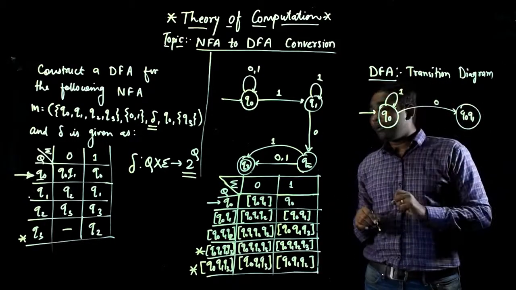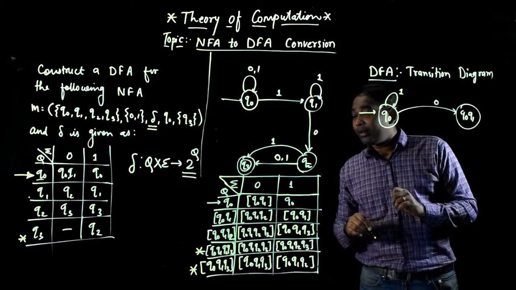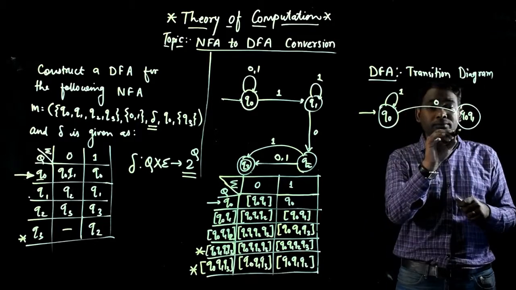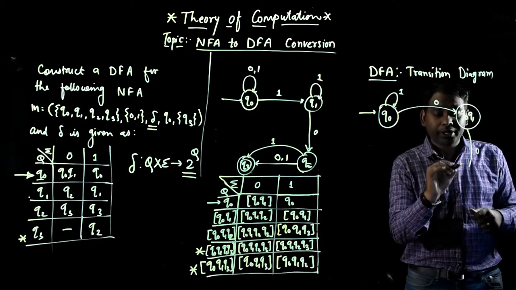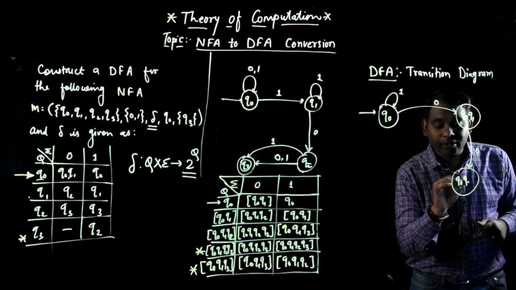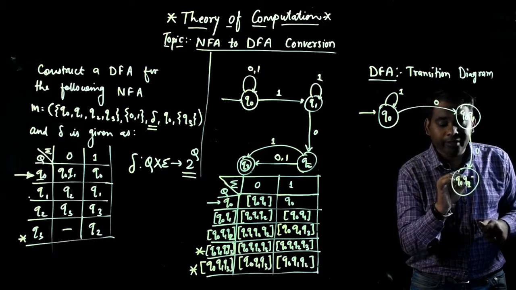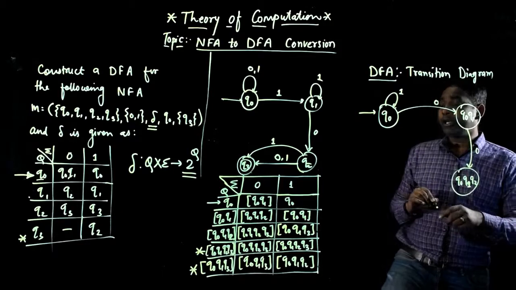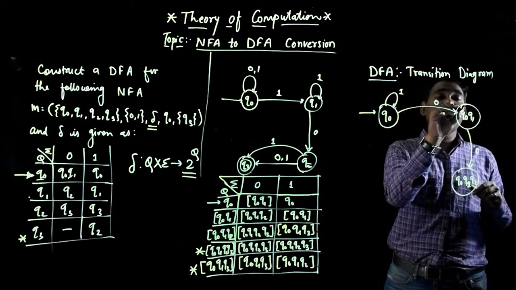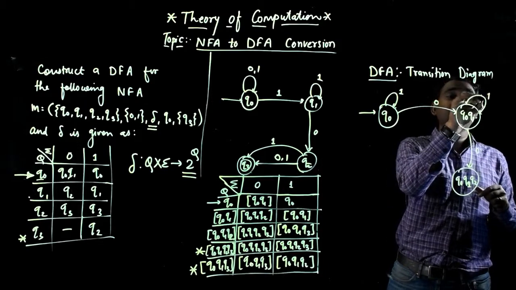From this newly generated state Q0, Q1, on 0 it goes to the next state Q0, Q1, Q2. On 1, it goes to Q0, Q1, a self transition.